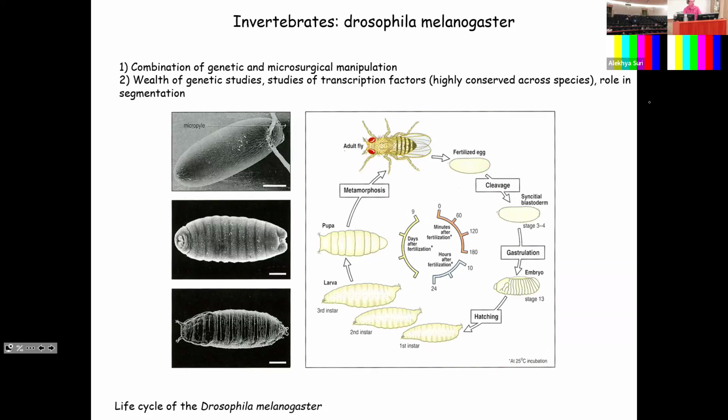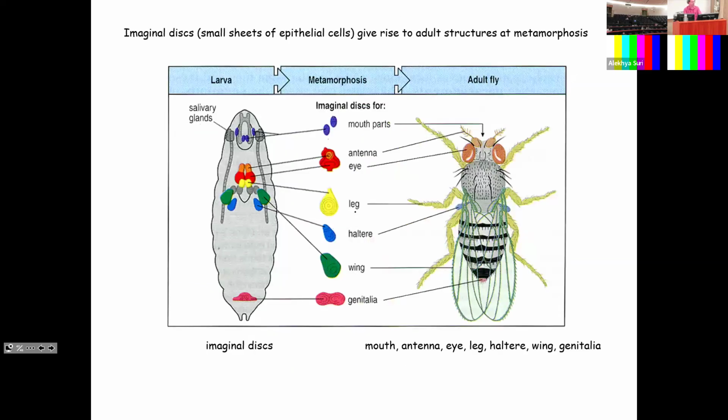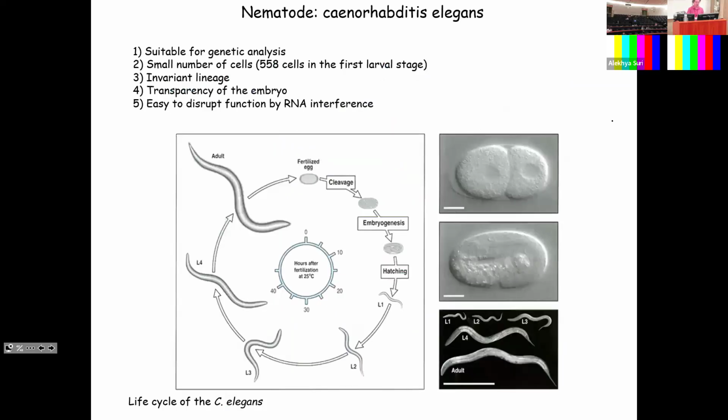And we can study transcription factors. Here, we can do some stainings in the larva, and we can make conclusions about the larva. For example, if we see blue here, we can see defects in the mouth, or red here, defects in the antenna, etc.